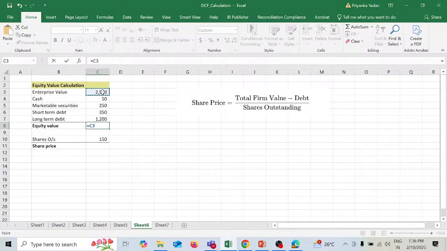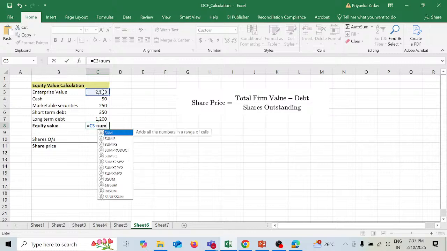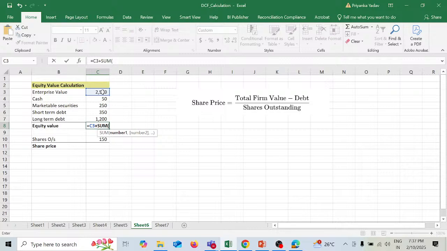Then you will add up the, you will write here, you can sum of cash and marketable securities, and then deduct all the debts. So long-term debt, short-term debt, whatever debt you are having, deduct it. Then you will get the equity value.